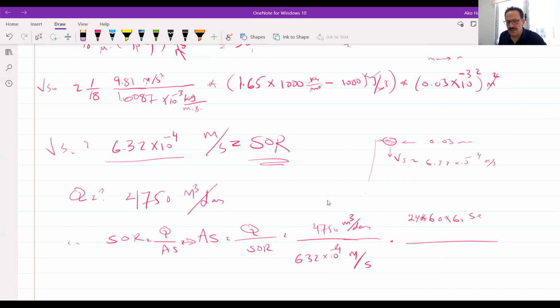So this is second per day. Now this day with this day, and second with the second. Now it will become meter square.